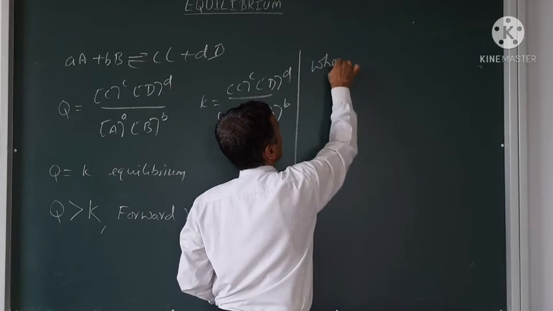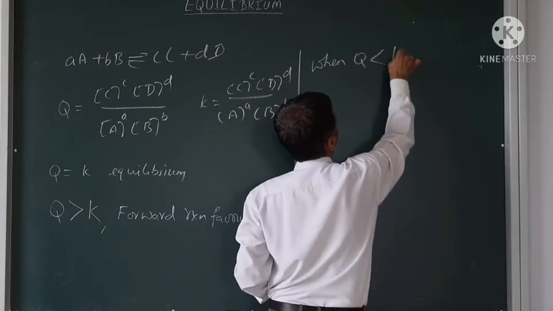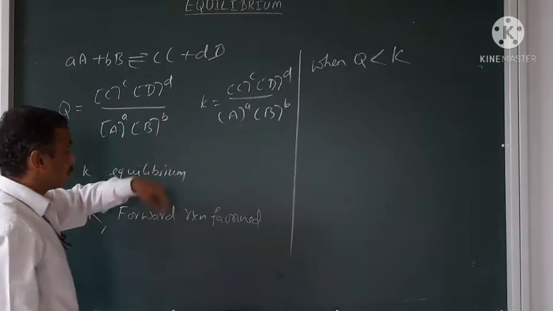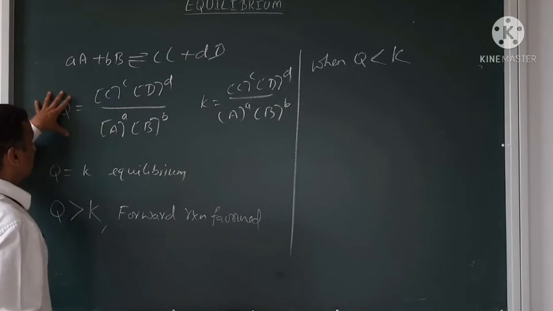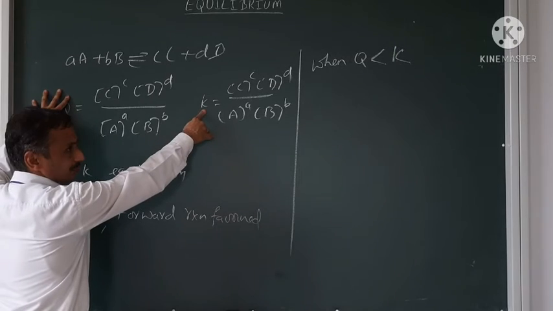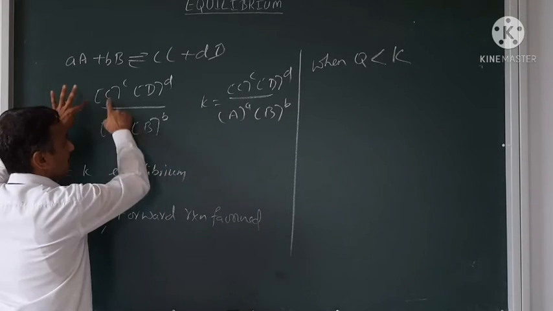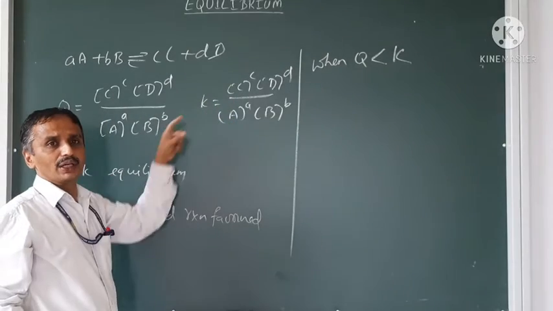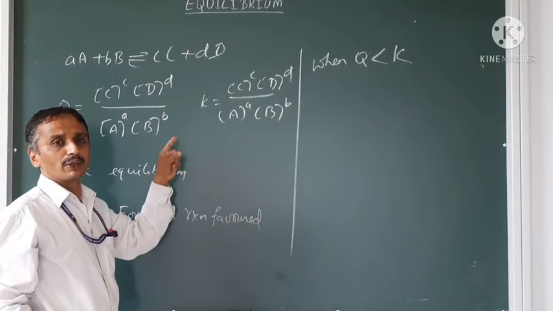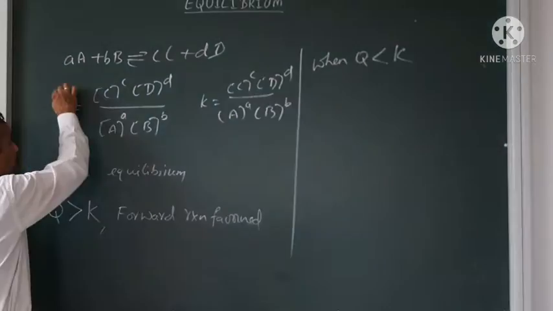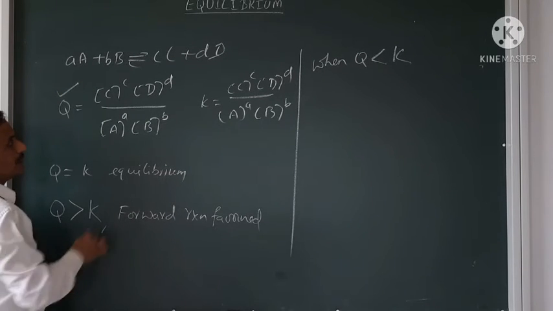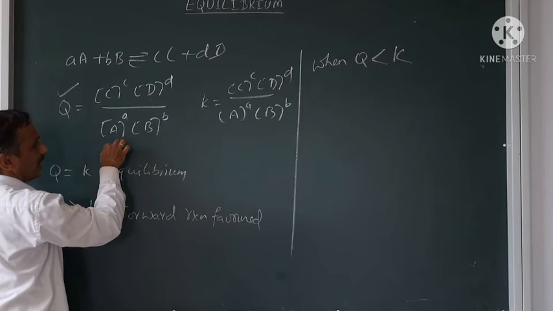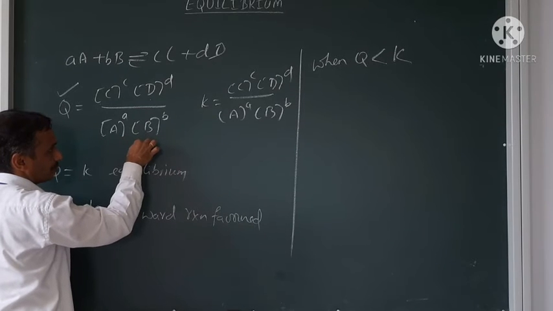Now, when Q is less than K, what happens here? Q is less than K means this value should be lesser than this value. Equation wise, both have [C] to the power c into [D] to the power d divided by [A] to the power a into [B] to the power b. Q is lesser means the C and D concentration should be lesser and the A and B concentration should be higher.